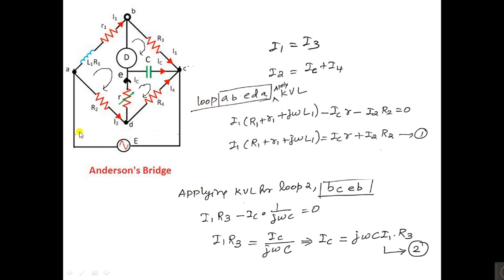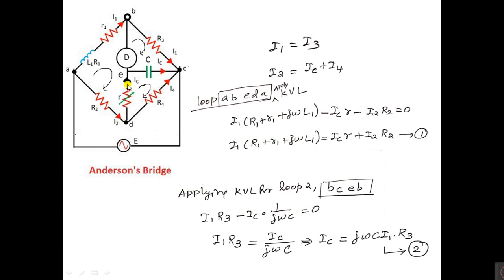If the bridge is balanced, then no current flows through the detector loop. So current I1 equals I3. Actually, the current flowing through arm 3 is I3, but since there is no current in the detector, I1 equals I3, so I am replacing I3 with I1. Similarly, the current flowing in arm 2 is I2, which is divided into two parts as per KCL.